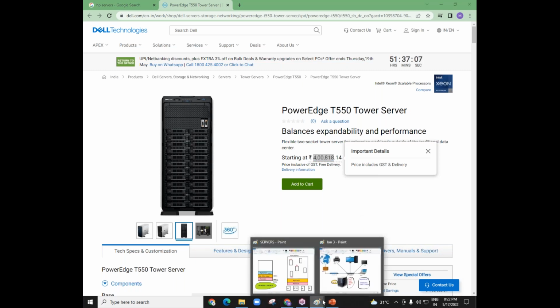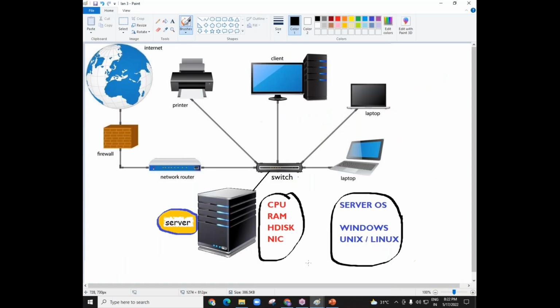That is your server hardware. So the company is spending a lot of money on server hardware. They have to spend because a server is not so easy to get. Server is very costly. Server machine is very, very costly because the machine has more hardware compared to your normal desktop machine or normal laptop. Got it? So the company is spending more money on server hardware. And then what will the company do?